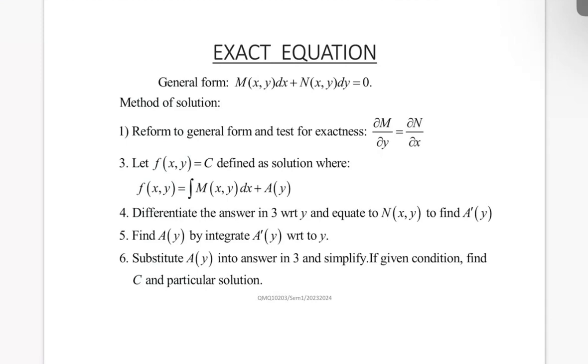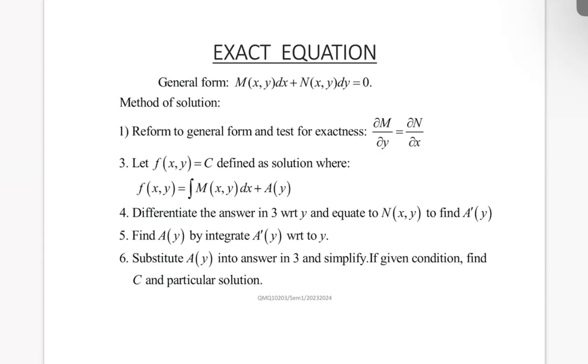So far, what we have learned is the three methods: separable equation, linear equation, and the last one that we learned last week is exact equation. All right, so for exact equation, let's do some recap.